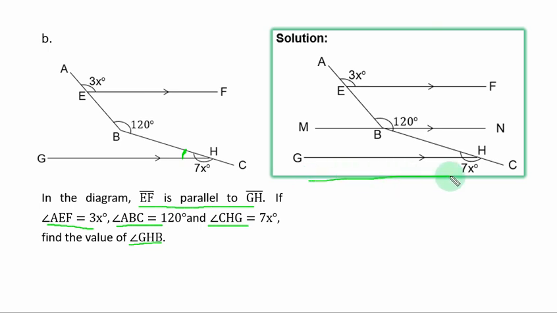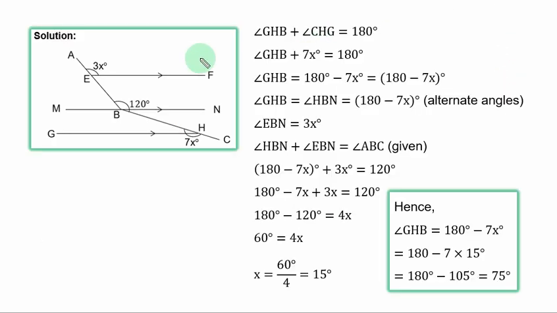So let's see how the adjusted diagram will enable us to find the value of angle GHB. So you have the same diagram. Now this angle will help us to find the required angle. Before that, this angle here, if you add it to 7s degrees, the sum is equal to 180, straight line angles.